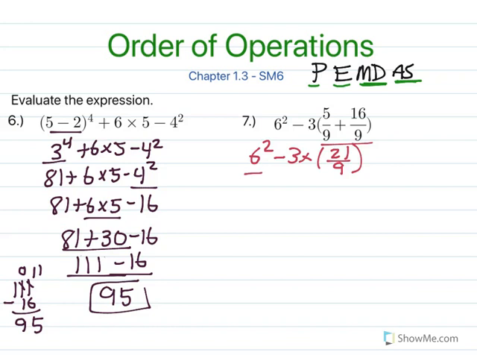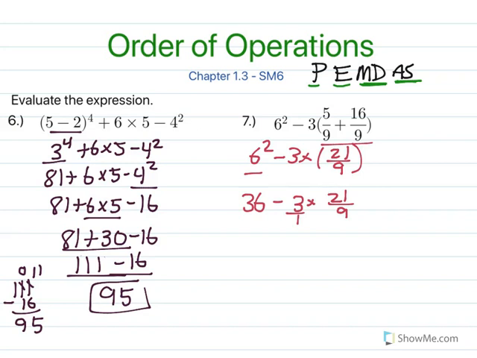So I have 6 squared, which is 36. That's minus 3 times 21 over 9, which is the same thing as 3 over 1, right? So now I'm going to have to multiply. Now this is something that you haven't done for a while. We have to do fractions here.